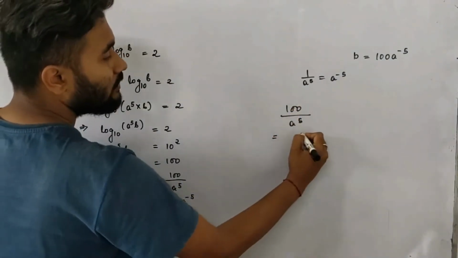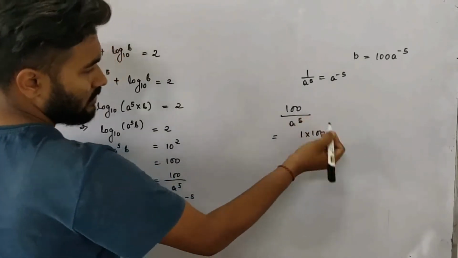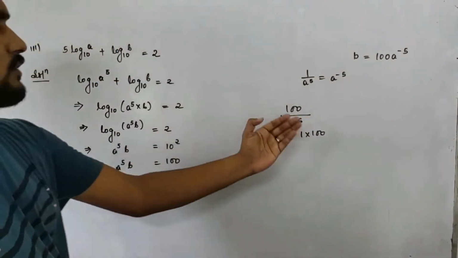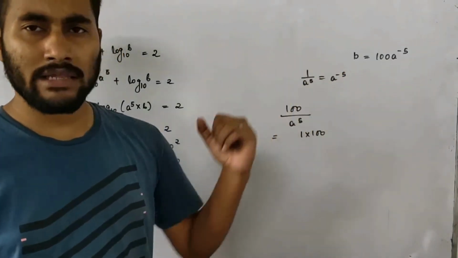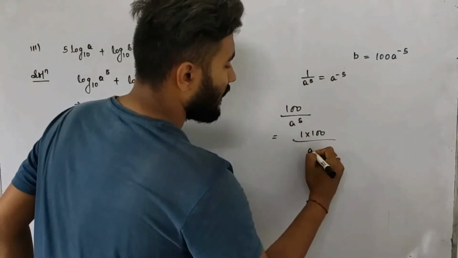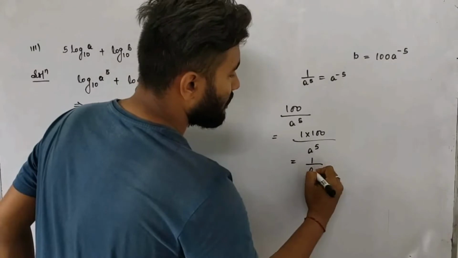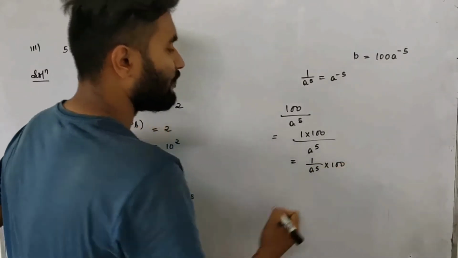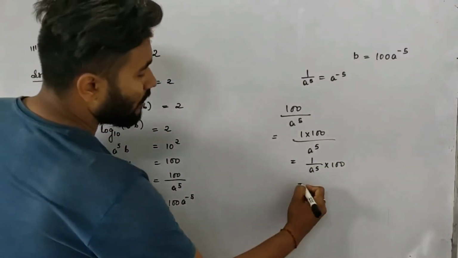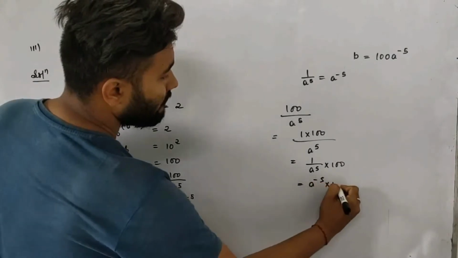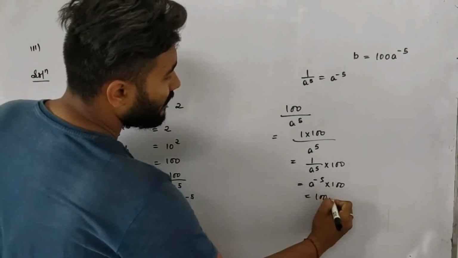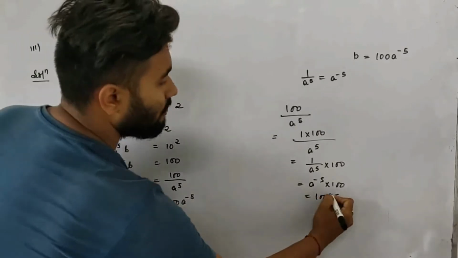So I can write this as 1 into 100, because 1 into 100 is 100. I can write several 1 like that, divided by a to the power 5. So I can write 1 by a to the power 5 into 100. What is 1 by a to the power 5? 1 by a to the power 5 is a to the power minus 5 into 100, which is nothing but 100 a to the power minus 5.